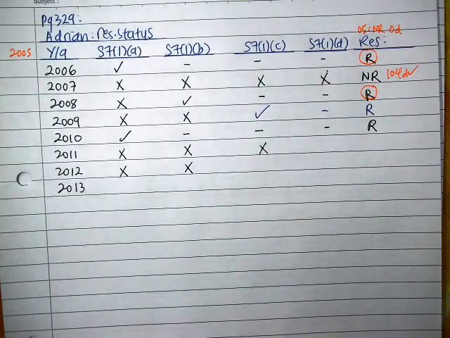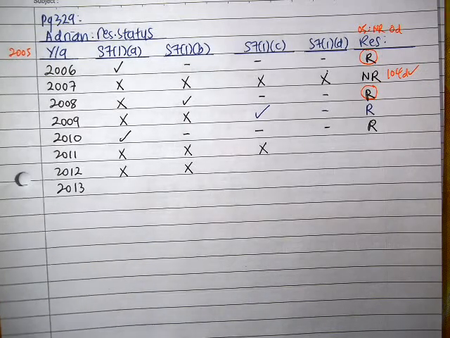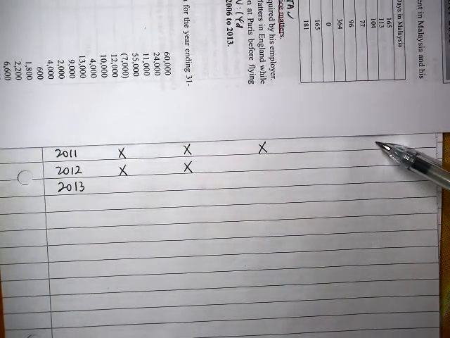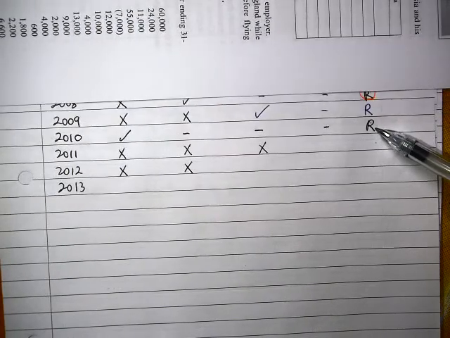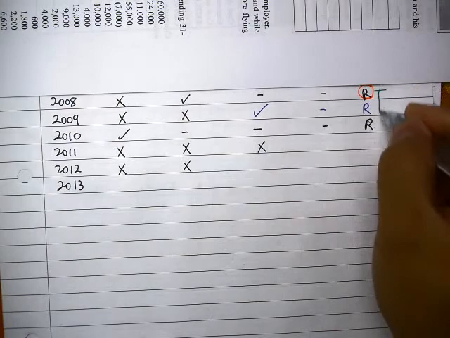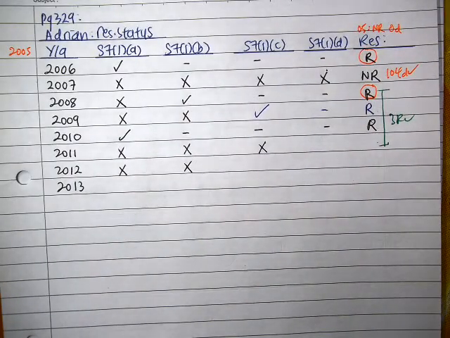How about 1C? Can I use 1C? Can, right? I have 90 days. If you have 90 days, then please check 3 out of 4. When I check 3 out of 4, I realize that for 2011, I don't know my status. 2010, I know I'm R. 2009 R, 2008 R. So by just looking at this, I already have 3 of the years becoming resident.